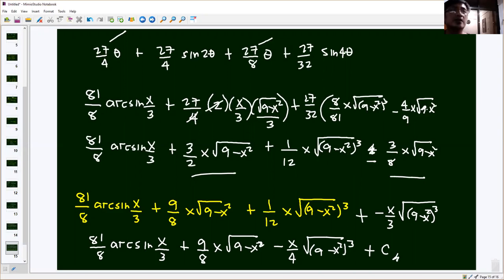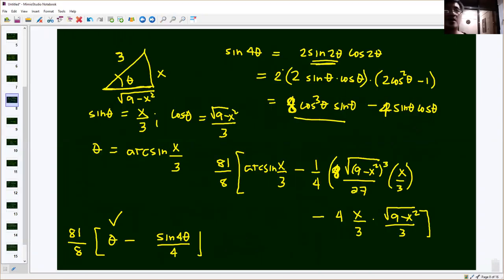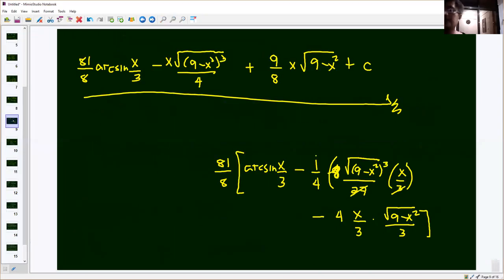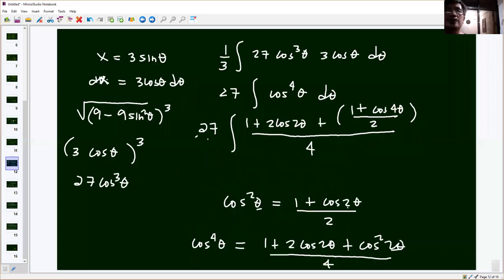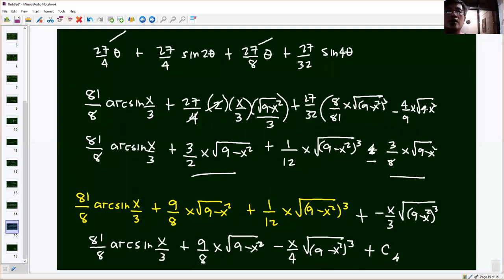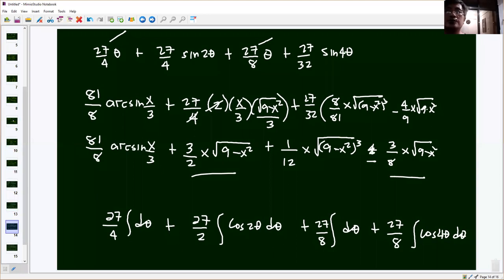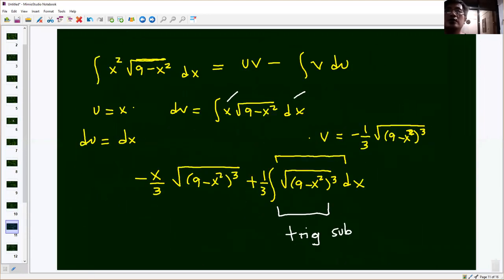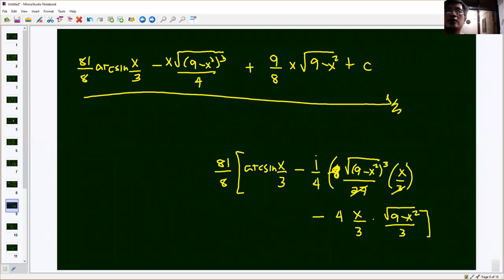Pinanindigan. Tignan natin kung tama at parehas doon sa trig sub agad na approach. Saan na siya? Here. Ito, no? 81 over 8 minus x over 4 plus 9 over 8, then naka-cube yun.